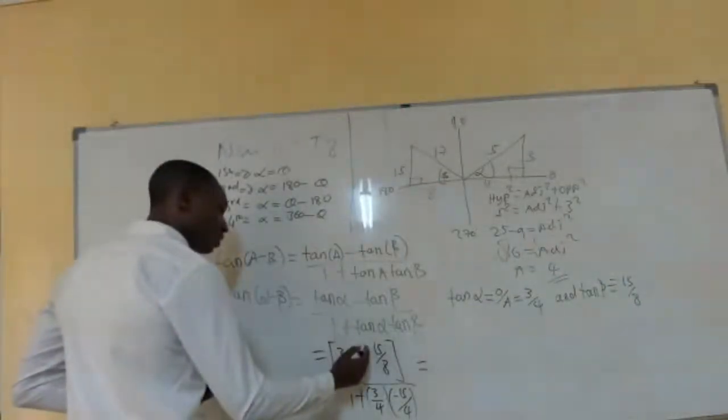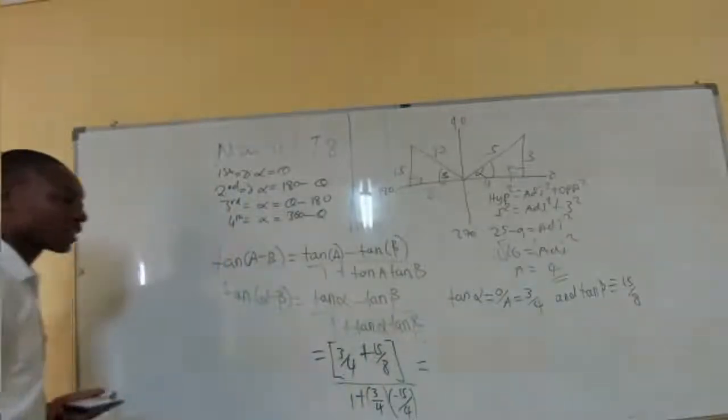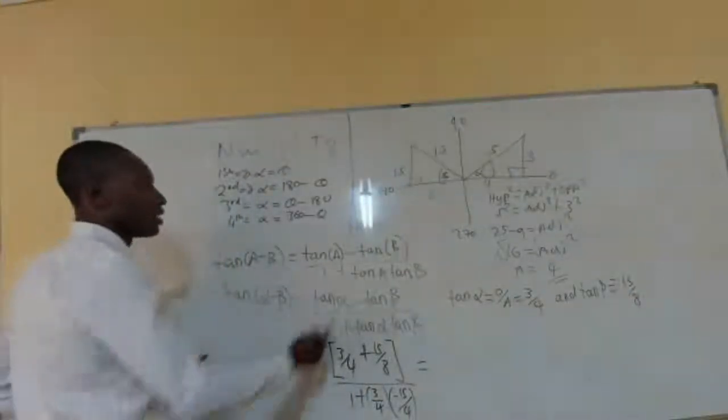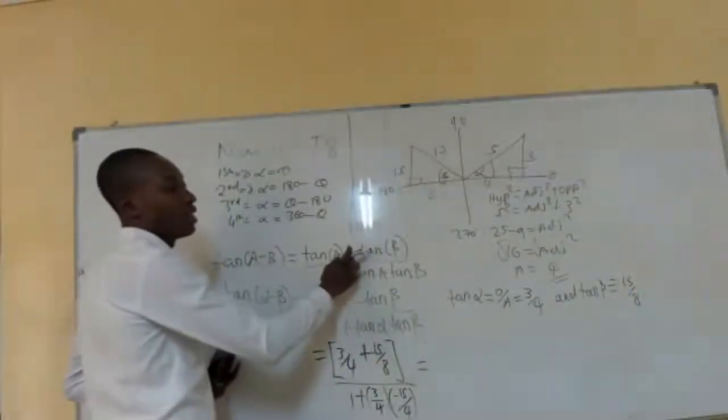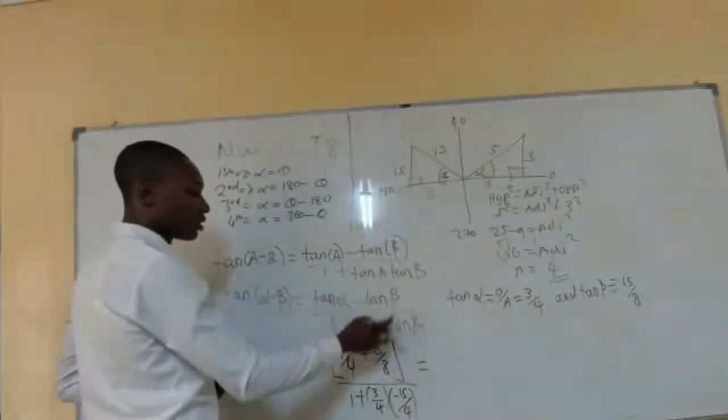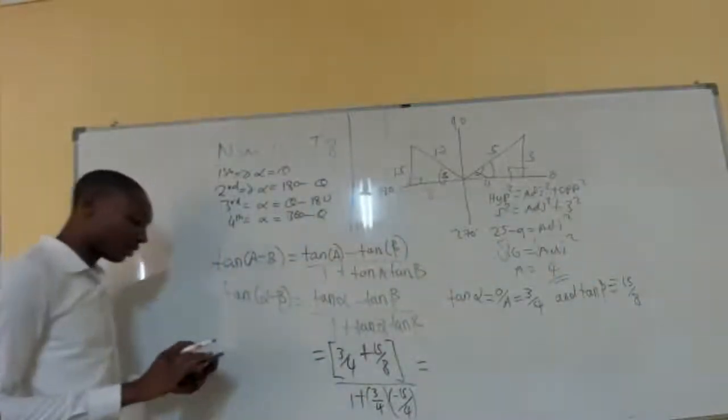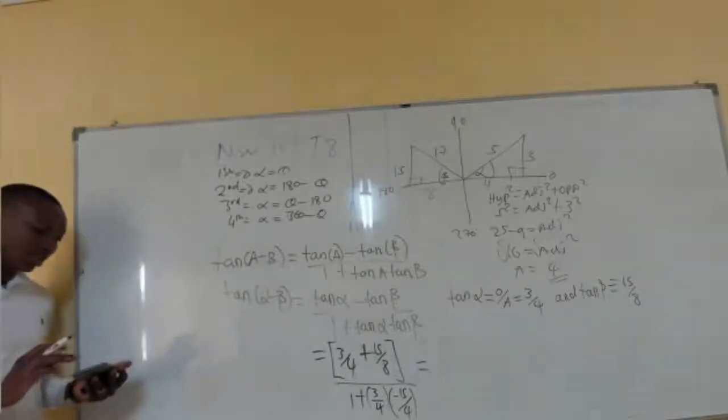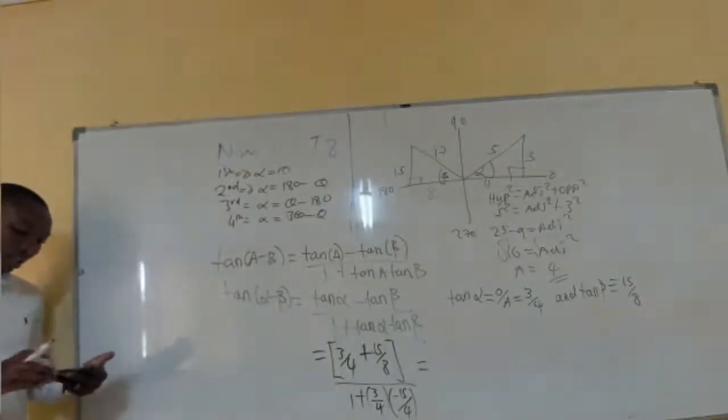It's not done. So basically the reason why this is plus, this is minus, right? Then tan B is negative 15 over 8, so this is why it's negative, right? So I've simply written that in the standard form.